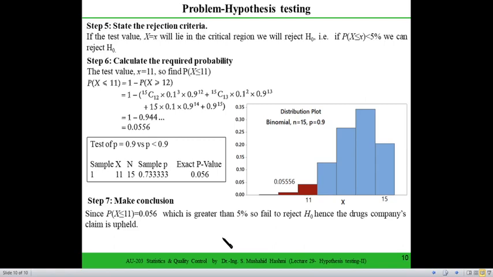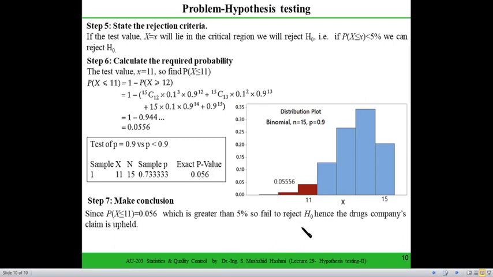If you look at the p-value, in order to have strong evidence against the null hypothesis, your p-value must be much smaller than 0.05. Here the p-value comes out to be 0.056, so you cannot reject your null hypothesis.